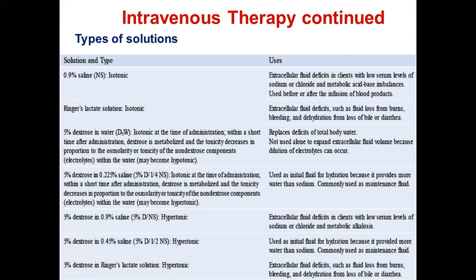So isotonic, which one? Normal saline. Isotonic means the tonicity, or concentration of dissolved particles, is the same as the intracellular fluid.